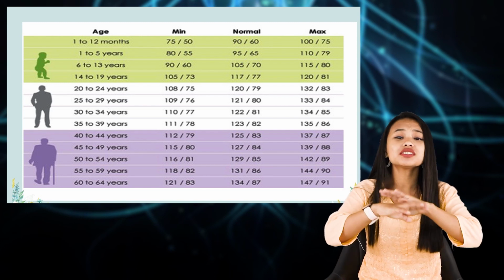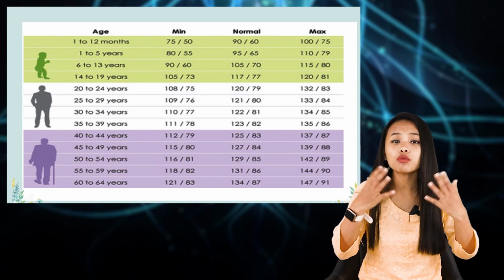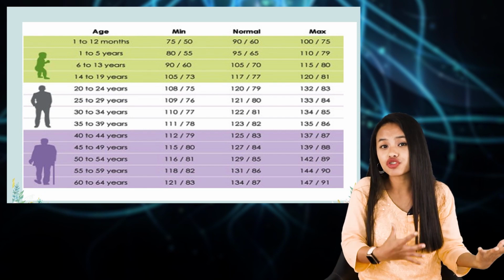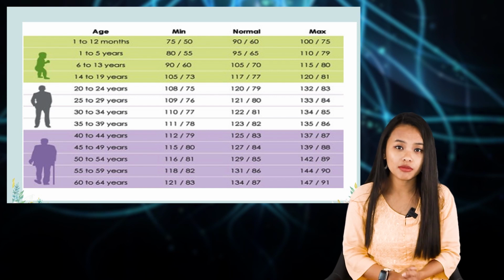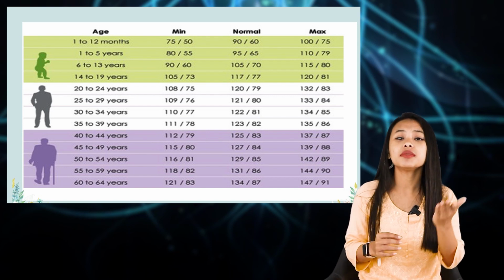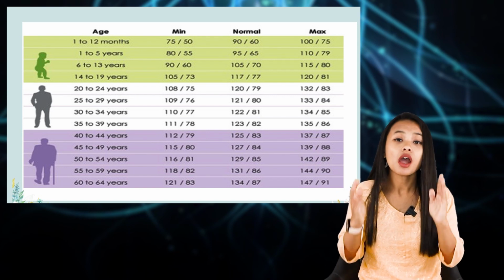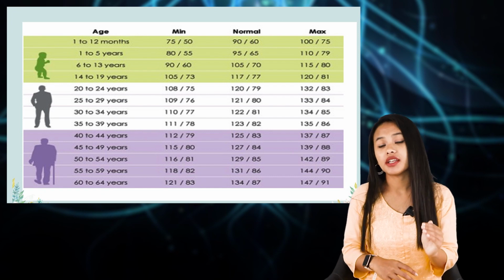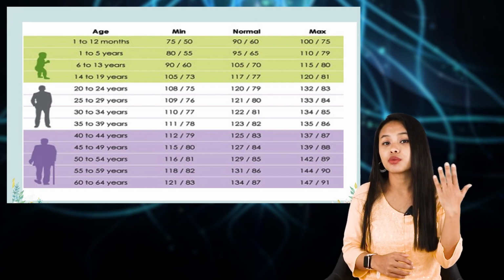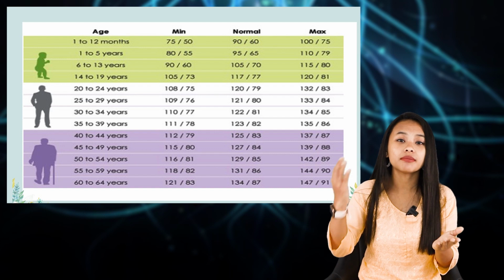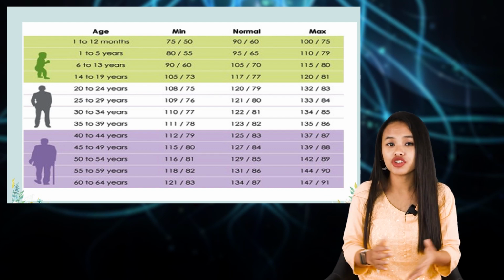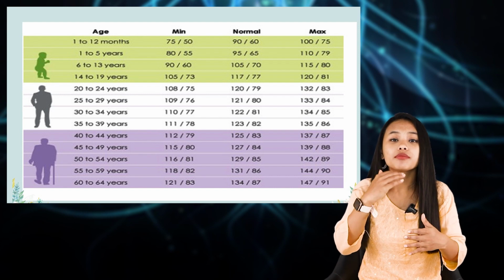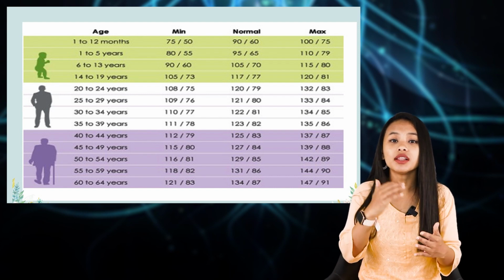So this is just a brief example to show you that, depending on the age group, it is not necessary that you must only attain the normal value. There is a minimum and maximum as well. But if you find that your blood pressure is lower than the minimum or higher than the maximum, then this can be an indication that your blood pressure is not at the normal level.